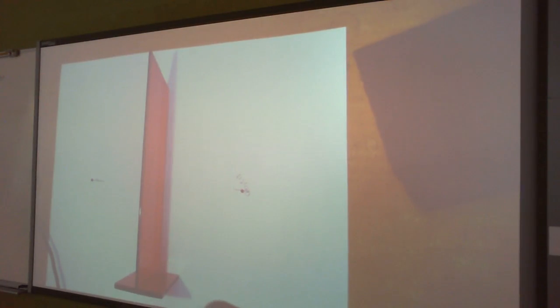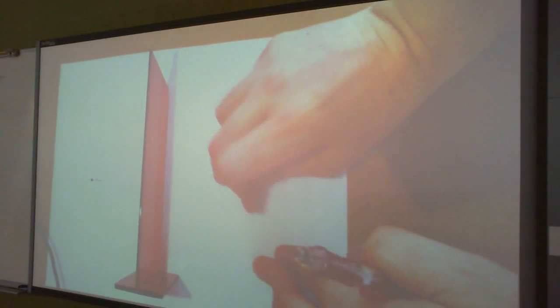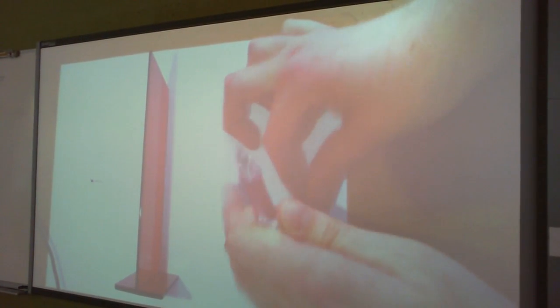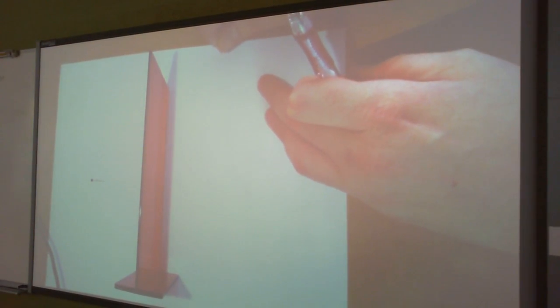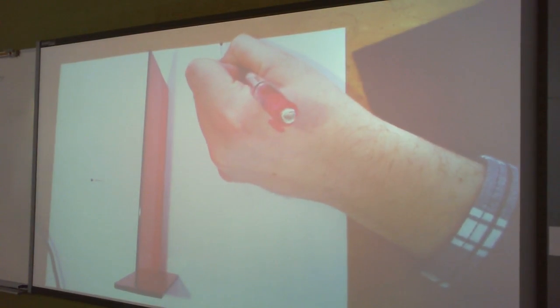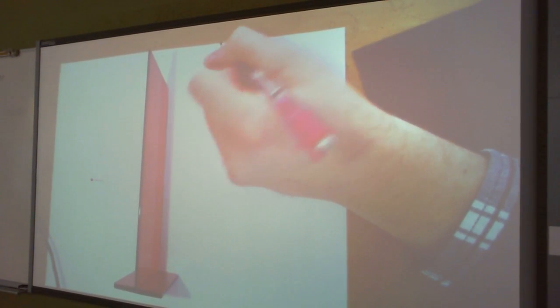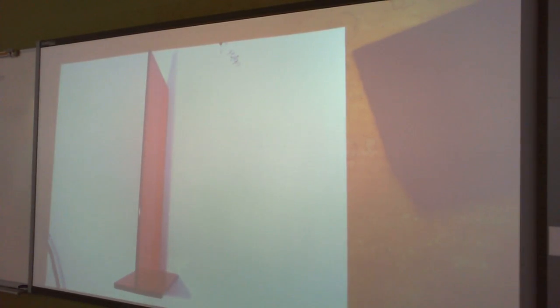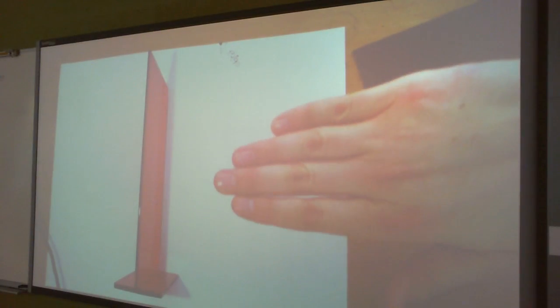Oh, wait, no, I did this wrong. I'm supposed to do my object off to the side of the mirror. I forgot. My object is supposed to be located somewhere over here, right? So that when I look straight into the mirror, I don't see it.